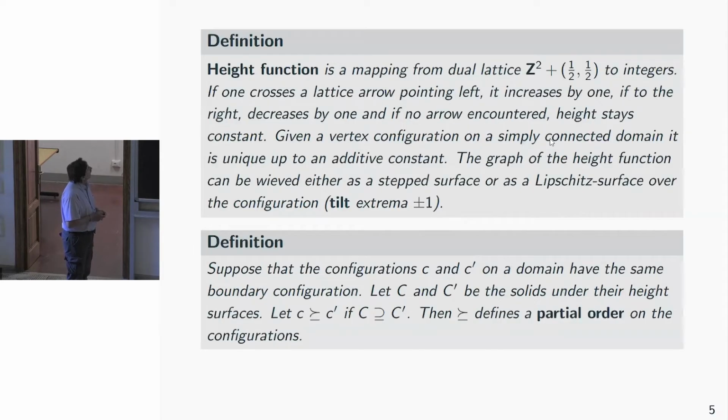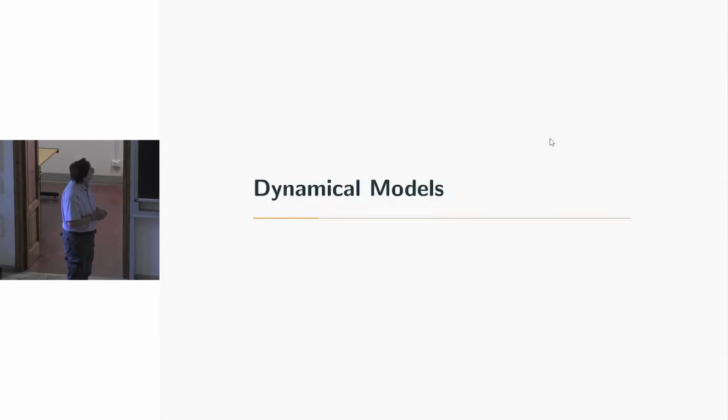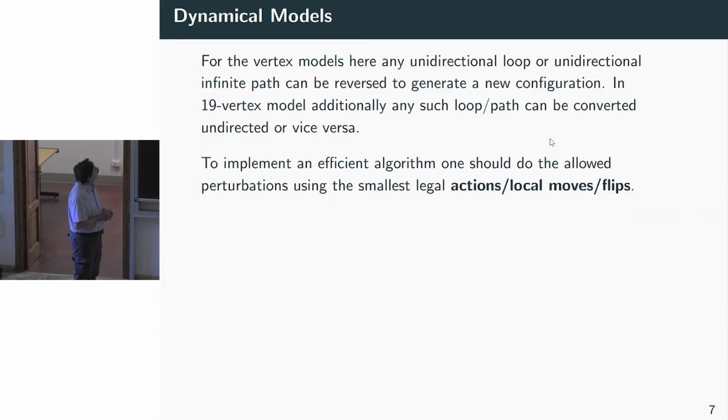So then, now I want to do a dynamical version of these vertex models. We know that all unidirectional loops, or infinite loops if we are on an infinite domain, can be reversed.